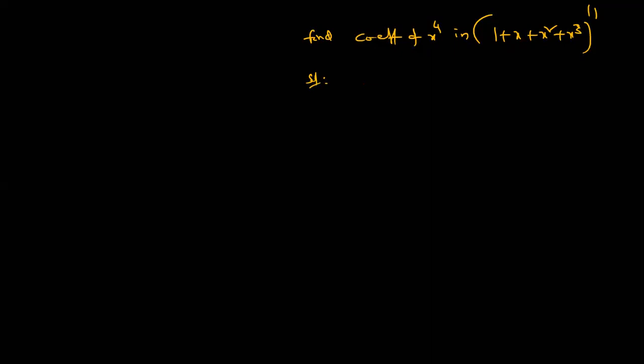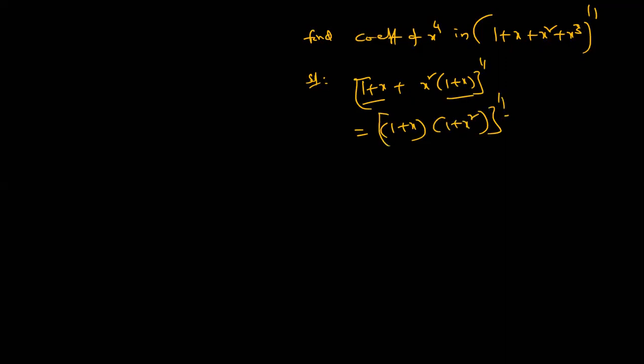First of all, 1 plus x plus x square, in this case x square is the common factor. Still, how to write? 1 plus x is the common factor. That means (1 plus x) whole power 11 into. Okay. So what is the expansion of (1 plus x) whole power 11? Anyone? 1 plus.